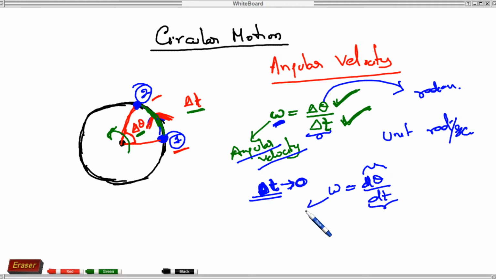So this is instantaneous angular velocity, for any particular instant.